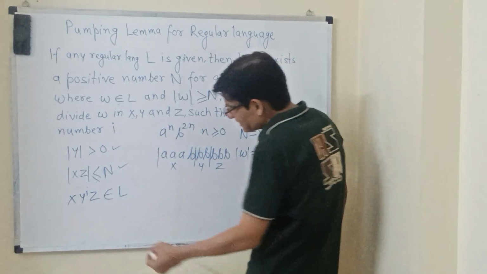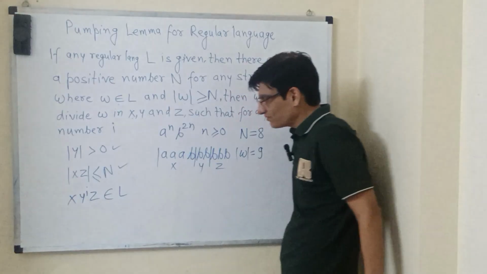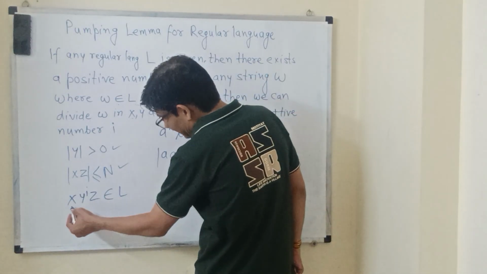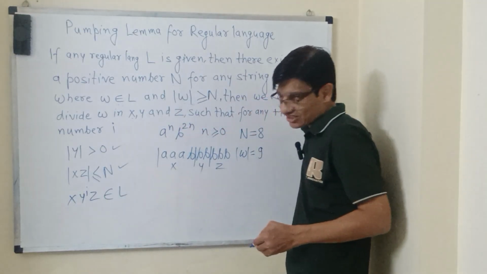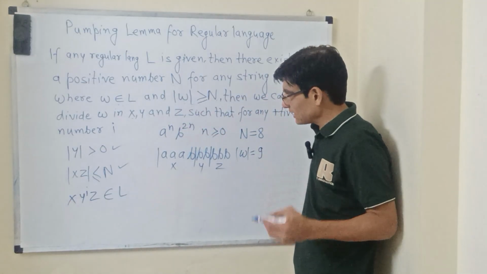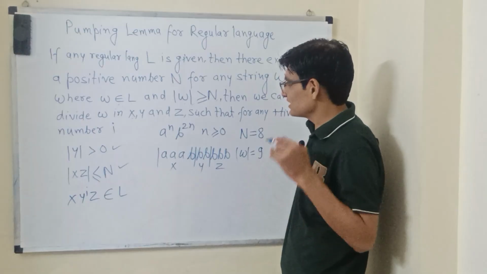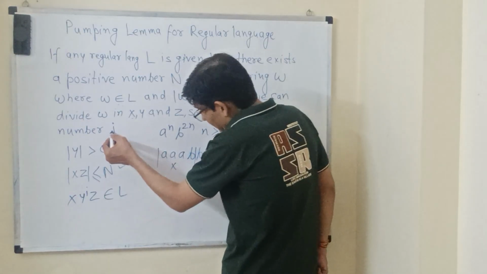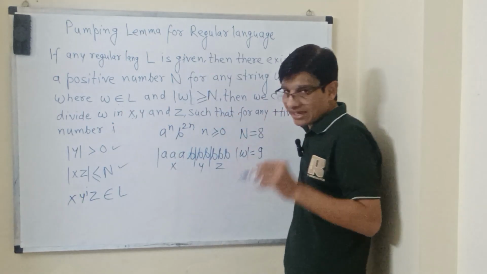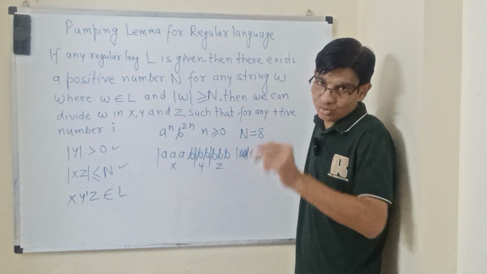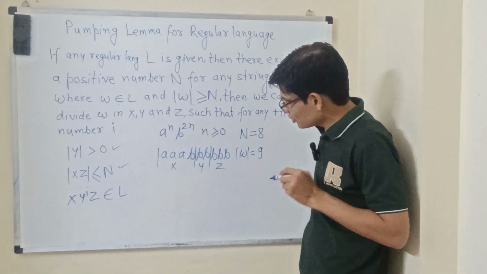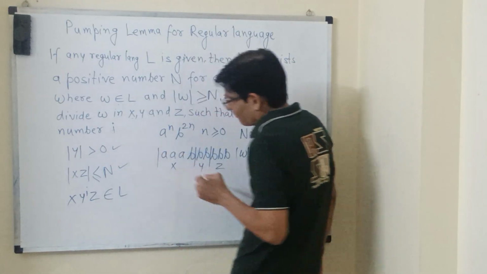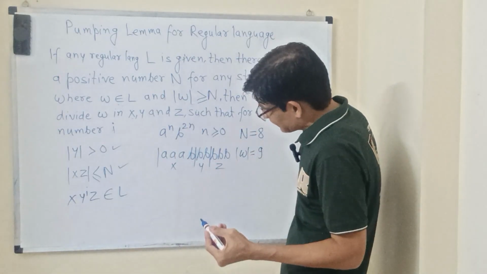Now we can take any positive value of i. If for all values of i this condition is satisfied, then we can say the result is positive for this language. This i can have any value from 0 to any positive number, so you can start from i equal to 0 itself.